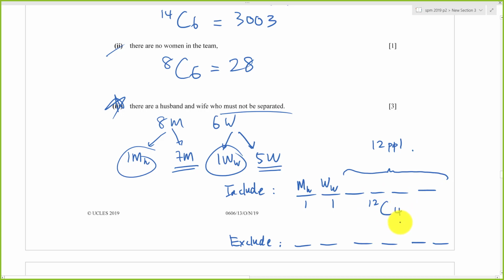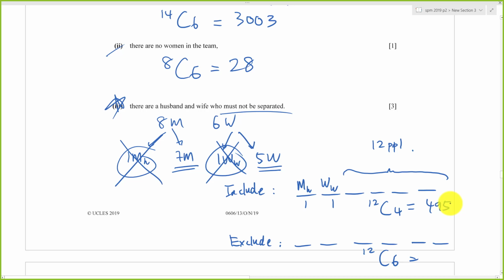Alright. Okay, now if I want to exclude them, that means I only choose from the 12 people here, right? For this 6 people team. So it's just 12C6. So over here, I will get 2 numbers, and then I will add both of the numbers. This one gives me 495.